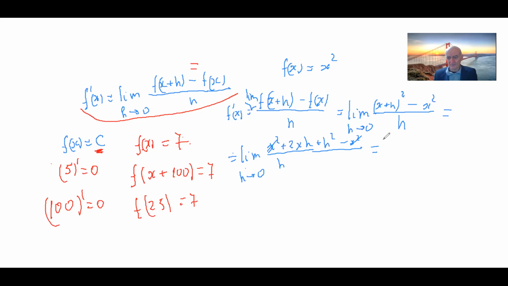So if I divide by h, we have the limit of 2x plus h, as h approaches 0. And now from here, h approaches 0, and the derivative is going to be 2x.